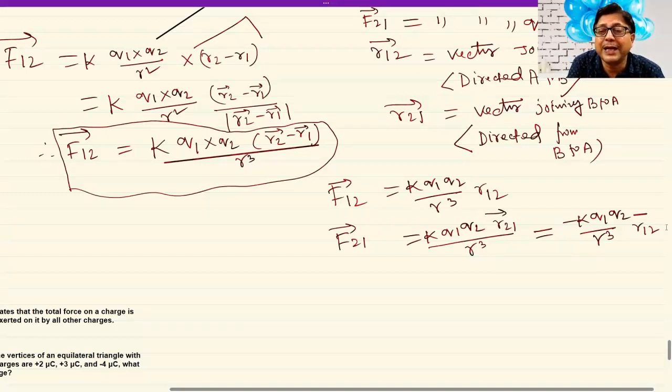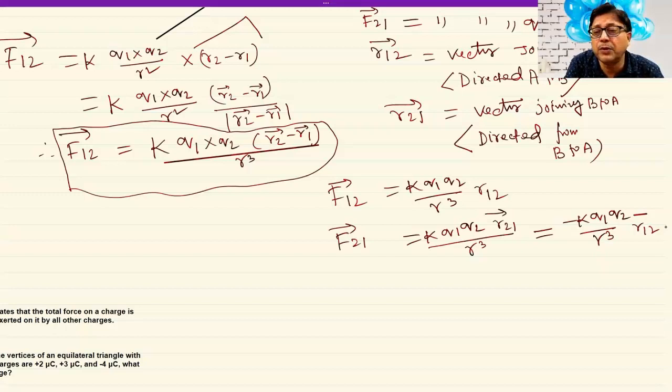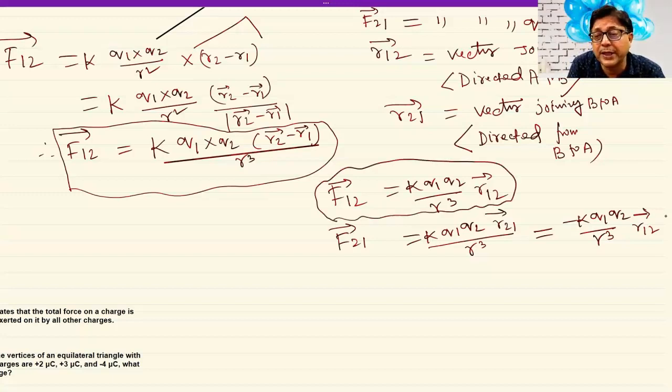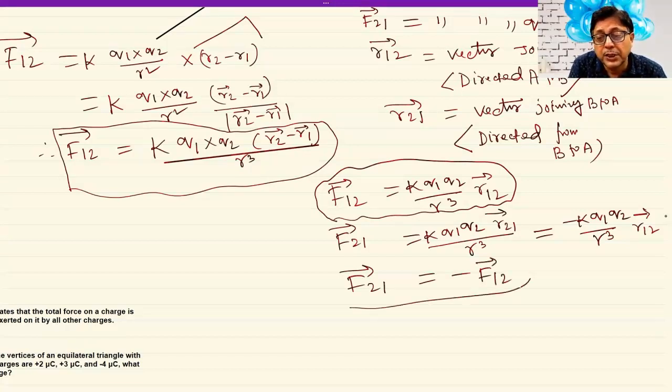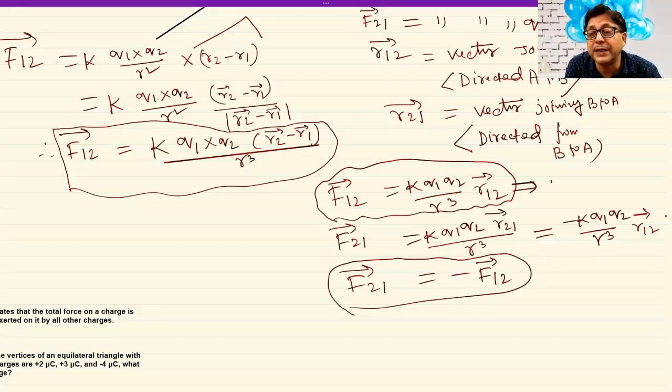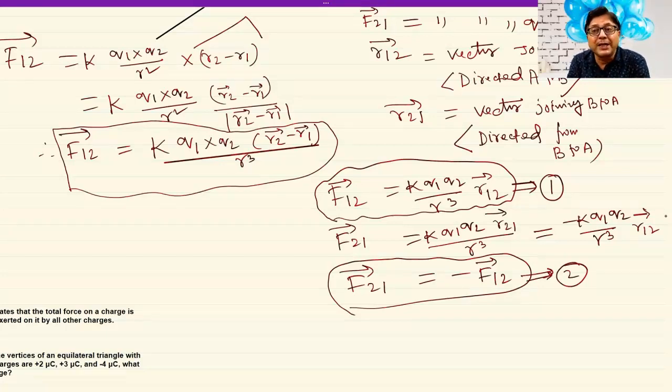So F21 is going to be minus F12. This is the vector form of Coulomb's law, and this is the significance. You need to know the important aspects of this one, F21 equal to minus F12.